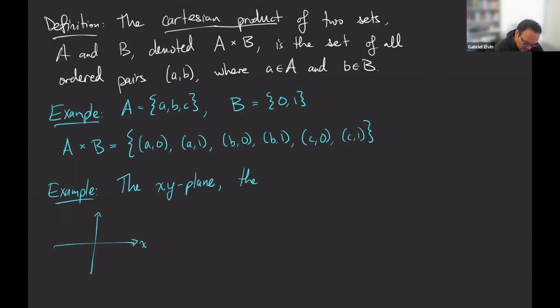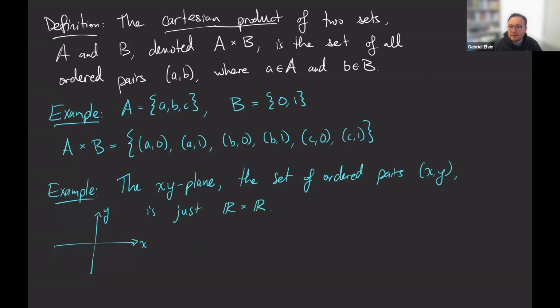Here's the X, here's the Y, infinite in both directions, or in all 2D directions. So the XY plane, which is just the set of ordered pairs (x, y), is just the real numbers cross the real numbers, right?